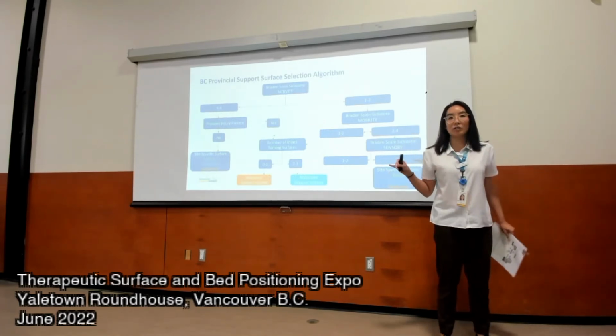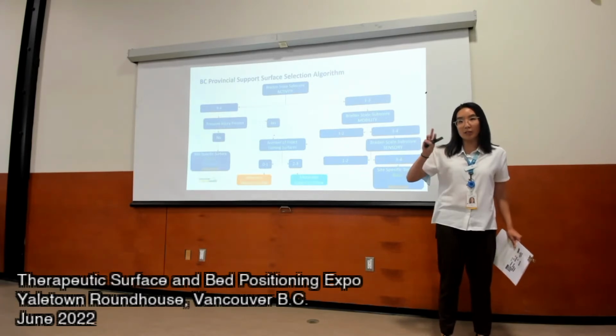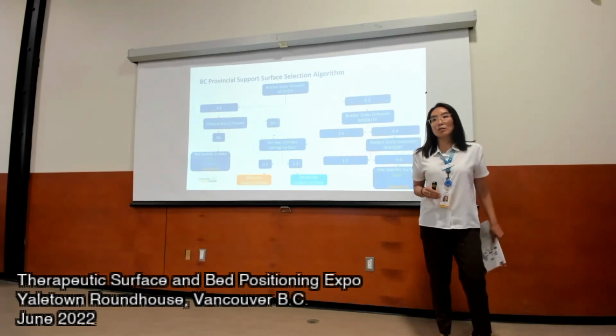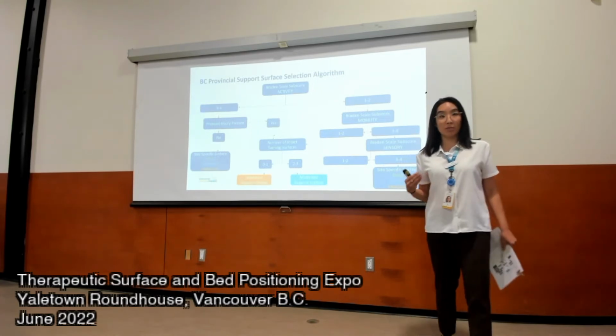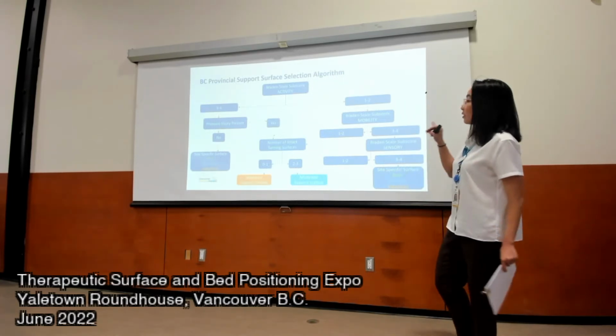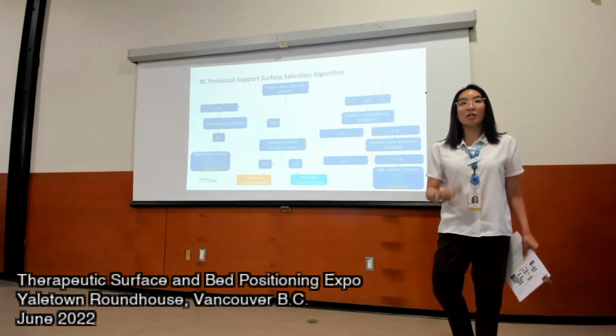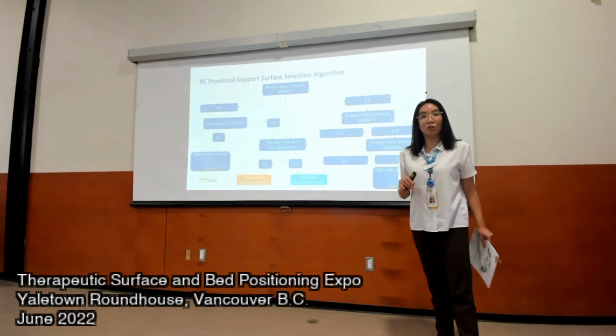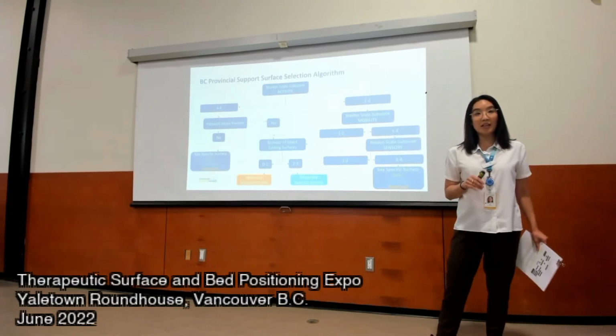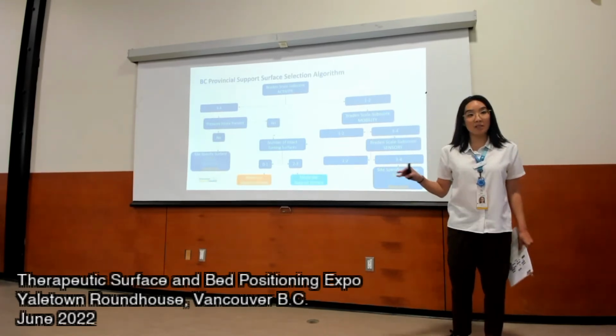Those 3 positions are the turning surfaces, and intactness means that the skin on that surface is intact and there's no skin breakdown present, okay? So this algorithm considers the subscales on the Braden plus how many intact turning surfaces there are in place, and then that will guide you to some decision making.